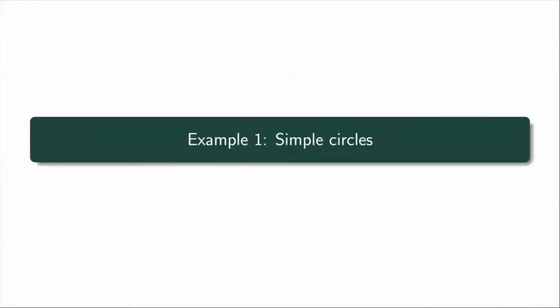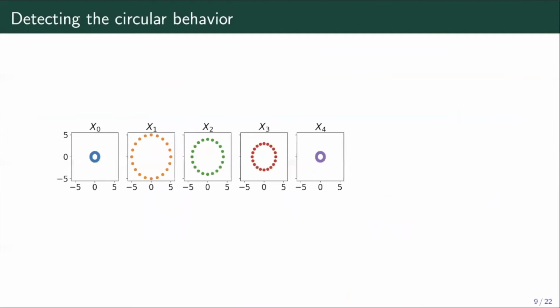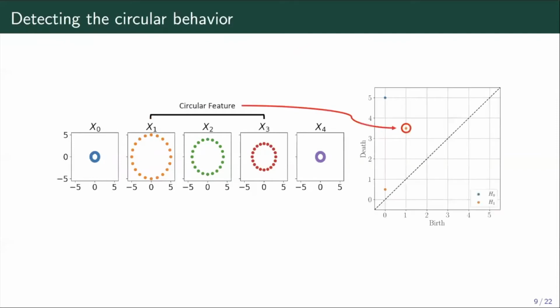So our starting example is going to be these simple circles. We have the 5 circles, as I mentioned, where the circles on either end are pretty small. And we really want to detect this middle region as our circular feature. We're going to compute the zigzag persistence. And when we get our persistence diagram, the furthest off-diagonal one-dimensional point has the coordinates 1 and 3.5.